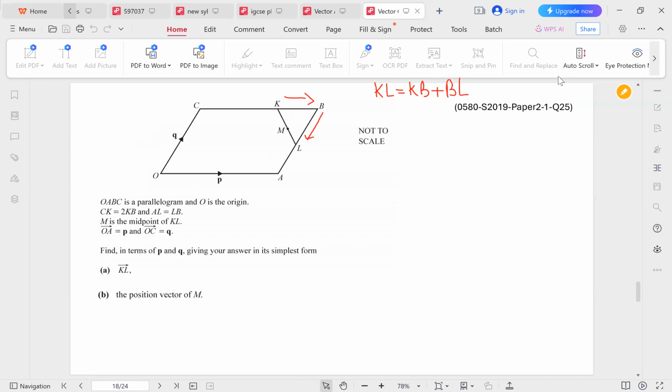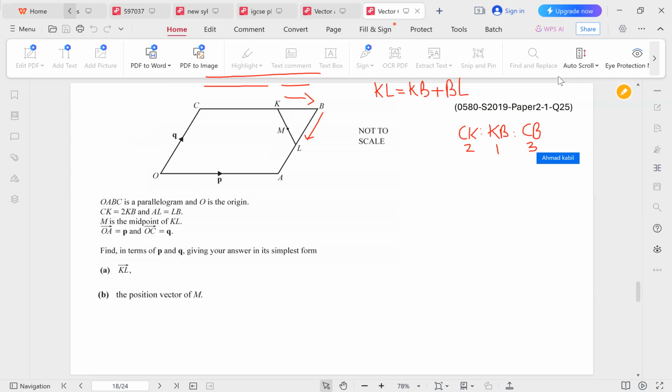So where is KB? KB is here. We have this part and we have the total. So we're going to construct the ratio that says CK to KB to CB. And then CK is 2 KB, so that would be 2 and that would be 1. And the total would be 3.